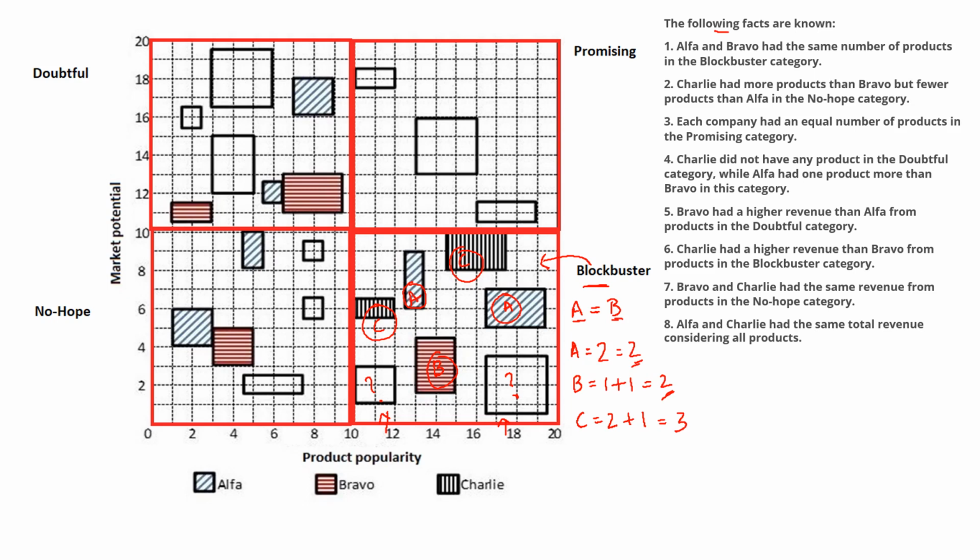Since there are 7 boxes in total, the only possible combination of A, B and C such that A equals B is 2, 2, 3.